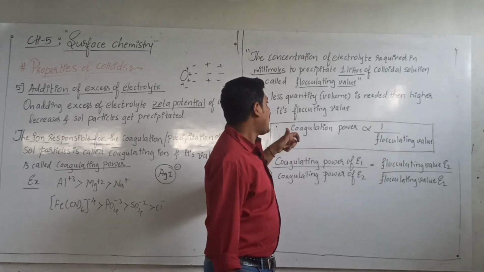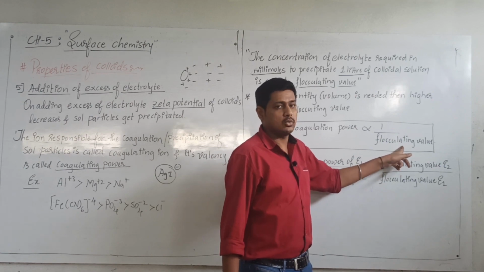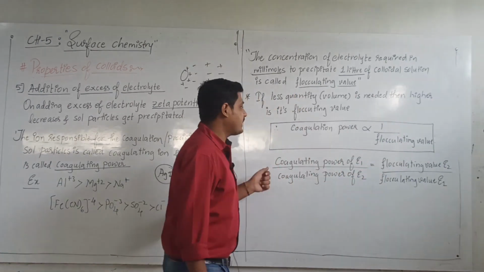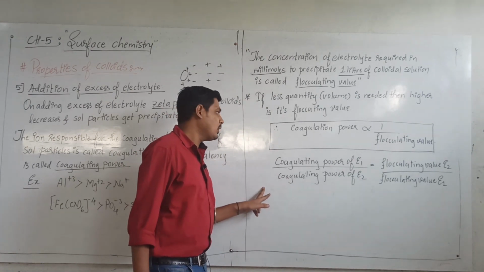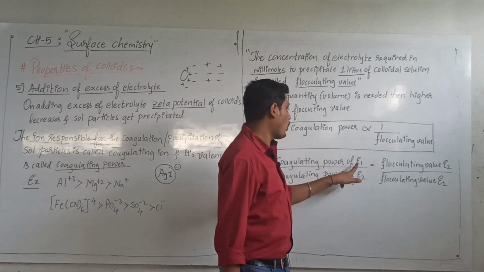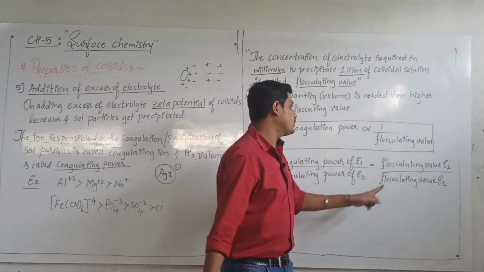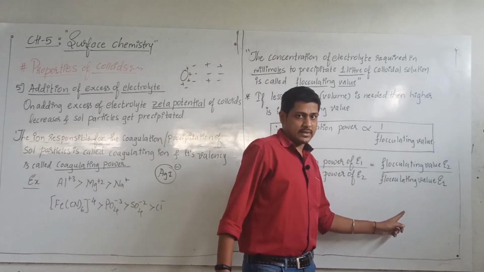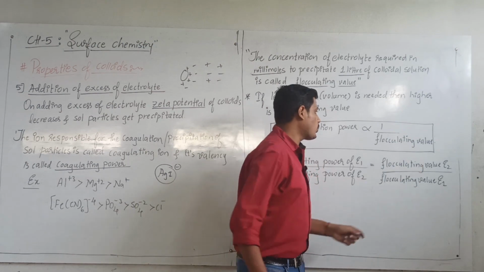Okay, then the higher the charge, the lesser will be the flocculating value. This you have to remember. Otherwise this is another formula. If they give you 2 electrolytes and ask you the coagulating power of electrolyte 1 compared to electrolyte 2, then using this they will give you the flocculating value of both the electrolytes. Substitute whatever values you get.